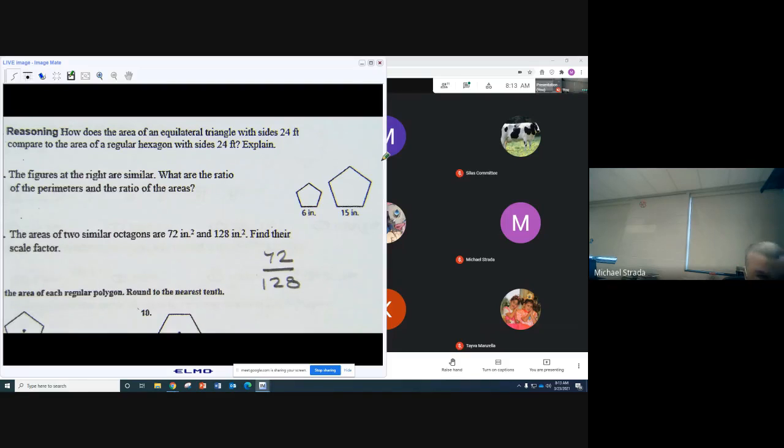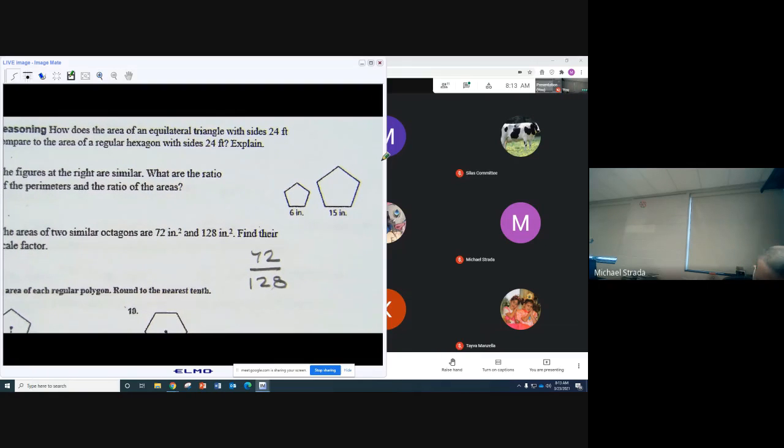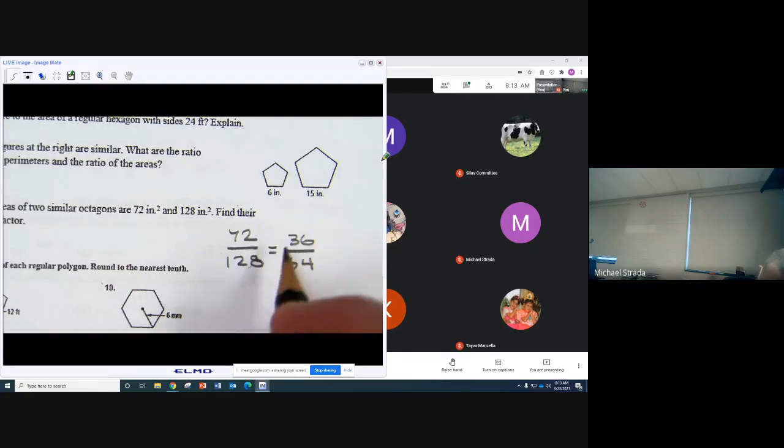Right? All right. So when it says simplified ratio, what does that mean you have to do? You got to reduce, right? So this reduces down to 36 over 64. Everybody good with that? Are they both perfect squares? Yeah, so could you do the square root at that point?